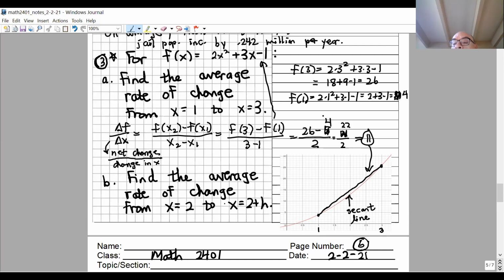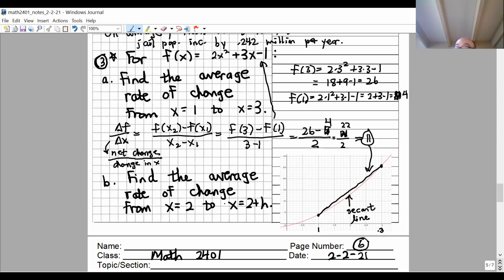See, an average rate of change is a slope, so you're going to interpret it like we did slope. So the y values are increasing by 11 when the x values increase by 1. But it's important to point out that happens from x equal 1 to x equal 3. This average rate of change only applies to this interval of x inputs.